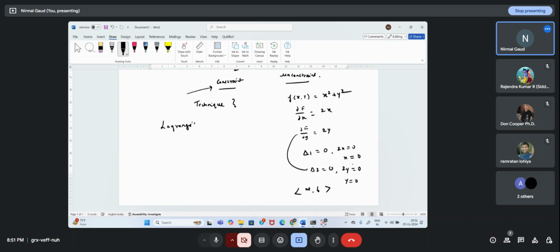The technique is Lagrange's multiplier. This is the technique, Lagrange's multiplier. Lagrange's multiplier are used to solve optimization problem under constraint.